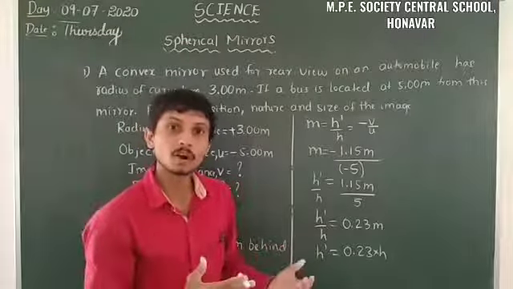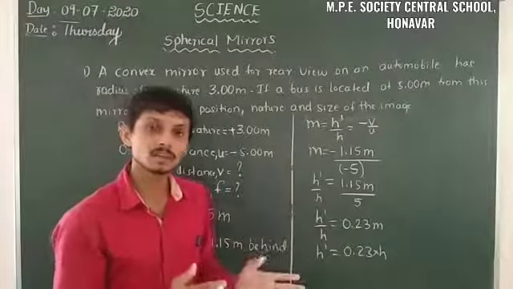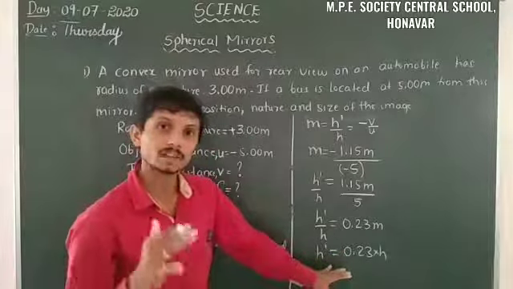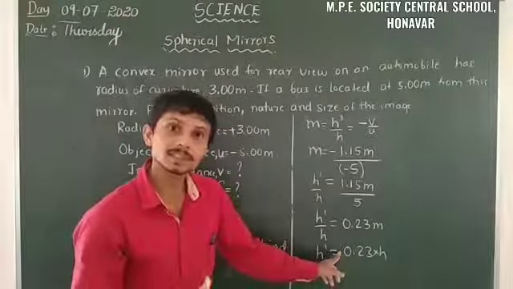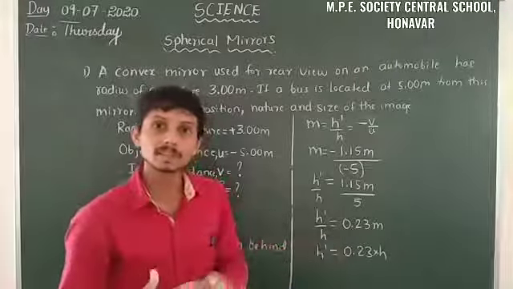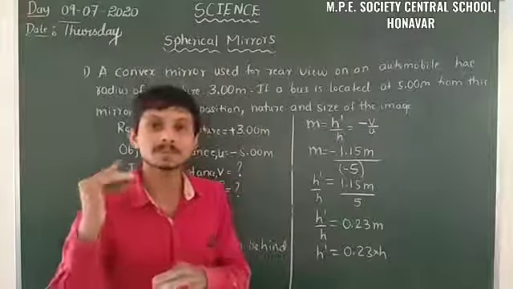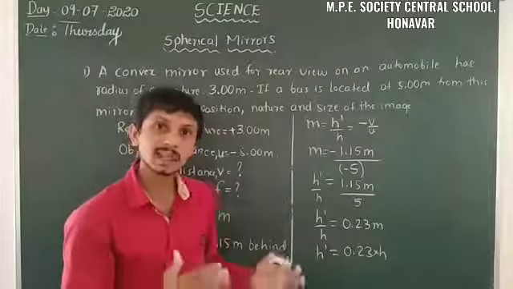That means we got a diminished image here, and also a virtual image is formed here. Also we have to know that a plus sign is there. Plus sign means we have to measure the height of the image above the principal axis and perpendicular to the principal axis. That means it's an erect image.